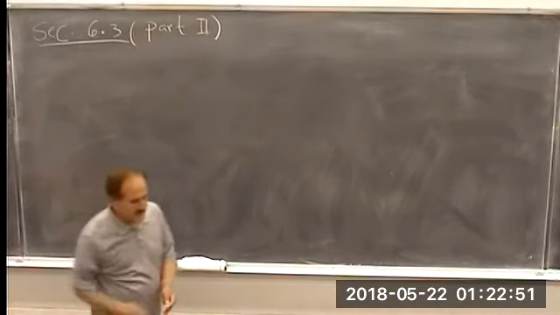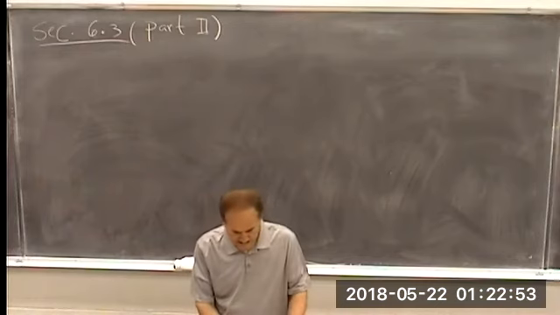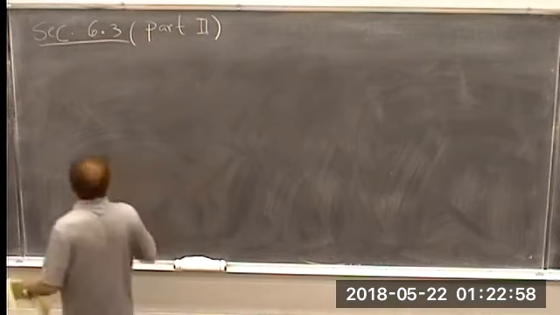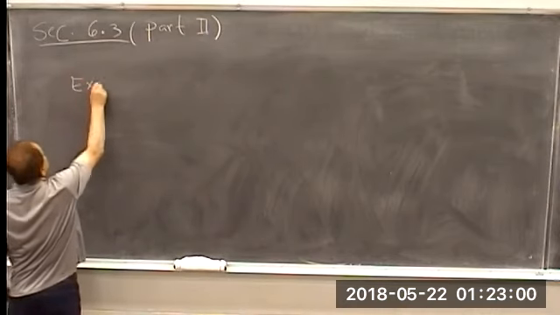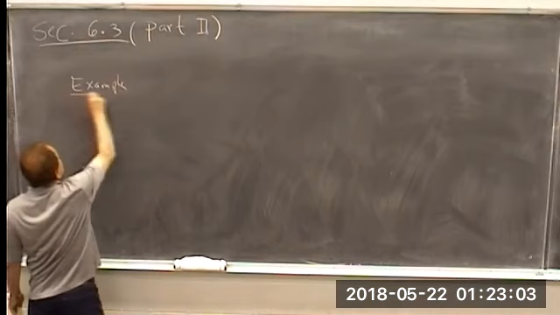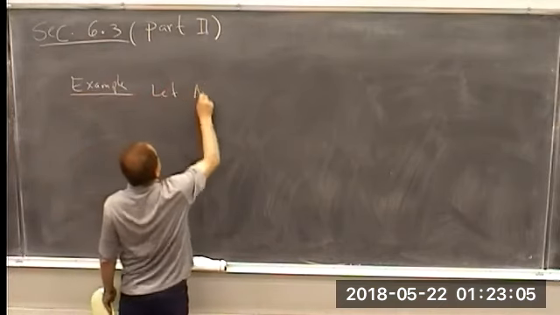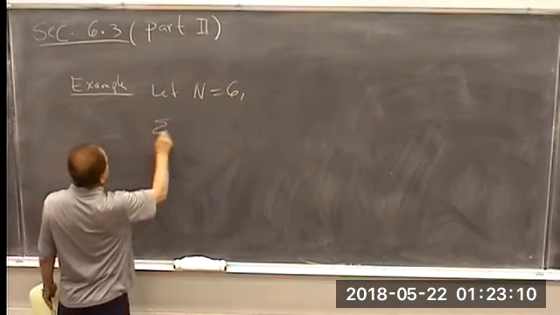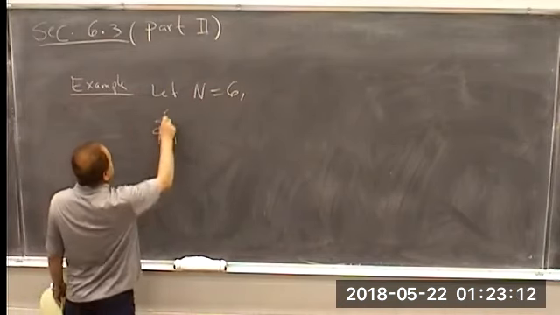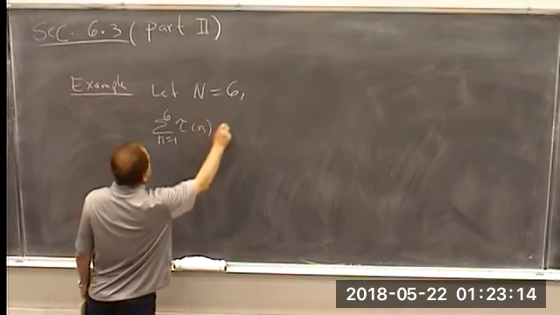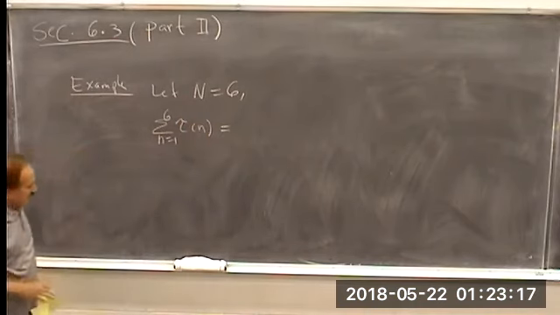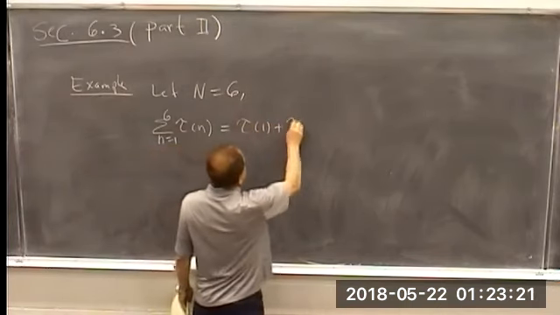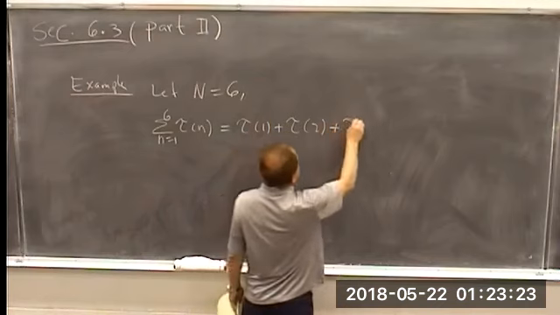Okay, so here's an example. Again, let's assume N equals 6. And let's look at the summation n equal 1 to 6 of tau of n. We're going to do this by calculating each tau up to 6.